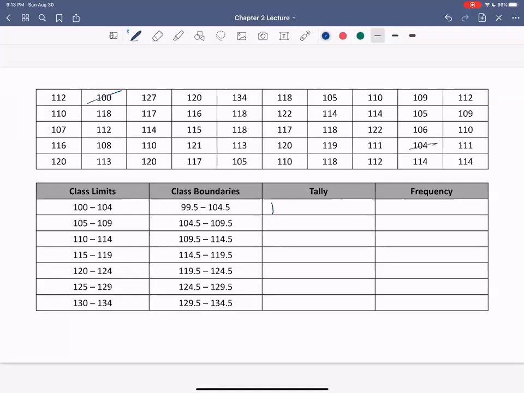So 104, there's another tally. And we'll keep going, nothing there, nothing here, nothing between that. All right, so the tallies that we have between the class boundaries of 99.5 to 104.5 is only 2 values. And you would do that for all of the class boundaries. So I'm gonna go ahead and pause this, and then you go ahead and do this, and then come back.